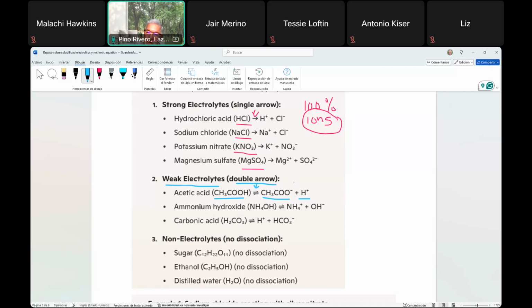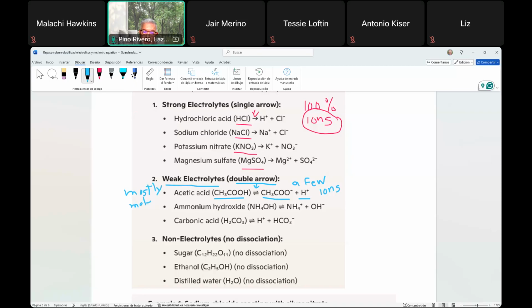They have only a few ions, and mostly they are in form of molecules.